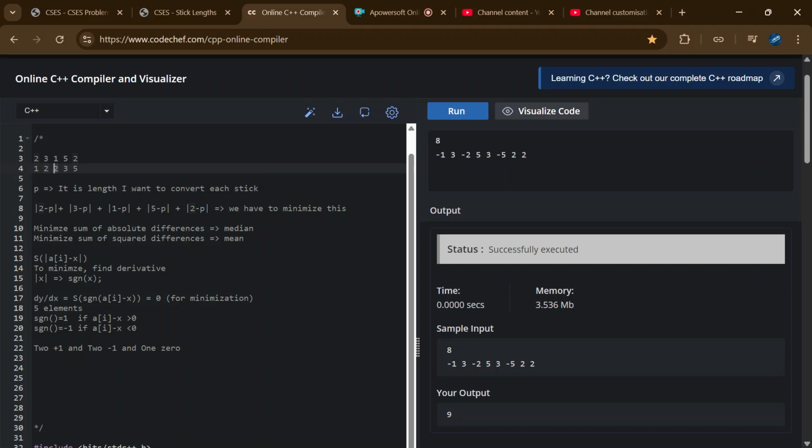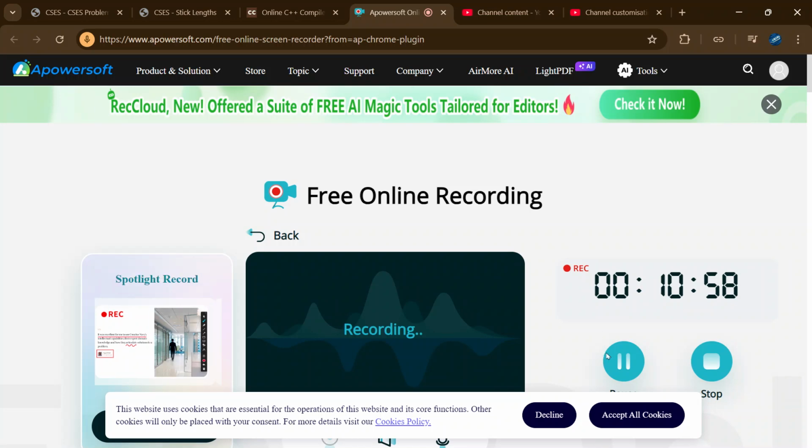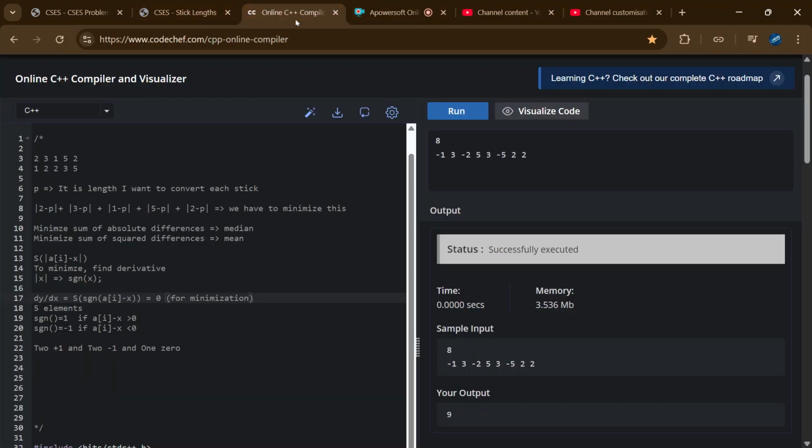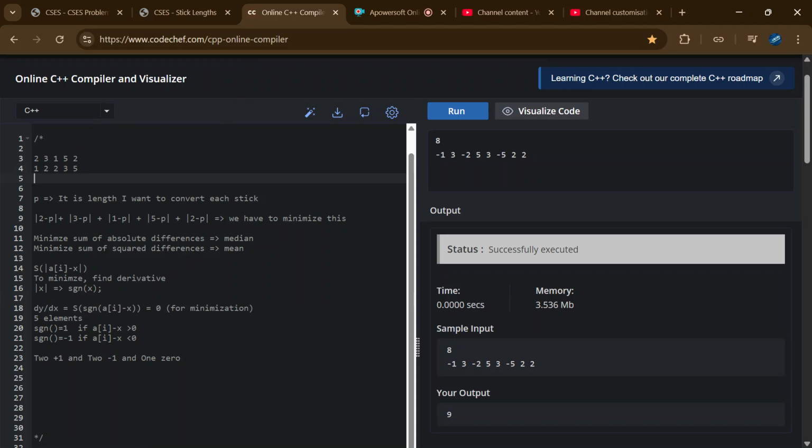And what would be this? This will also be 0, and this would be -1, this would be +1, and this would be +1. Here we can't have 0. Okay, so this example is a bit tricky one, so let me explain with some other example, then I will come to this.